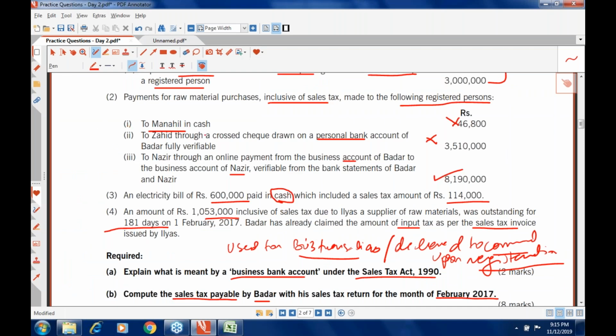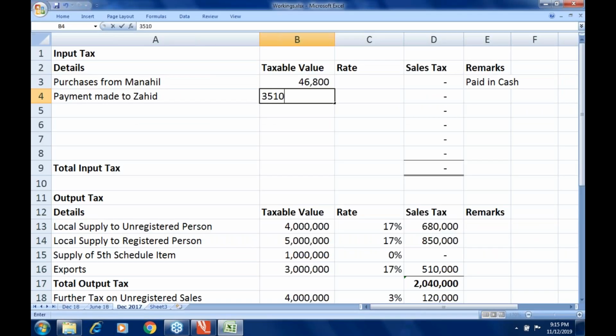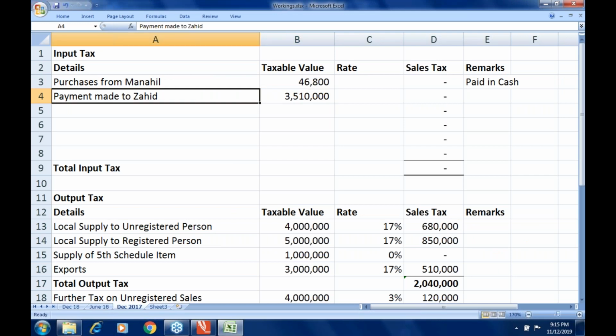Secondly, it says to Zahid through a cross cheque drawn on personal bank account. Payment made to Zahid is 3,510,000, and this is not paid through the business bank account.